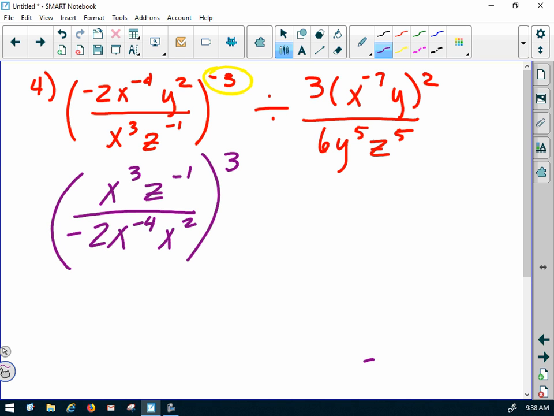We'll get it. Notice, this exponent right here is the one that told me they were unhappy. That exponent right there told me that the whole thing was unhappy, okay? I didn't change these exponents in here.